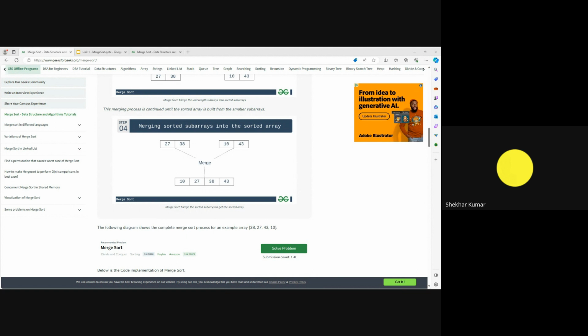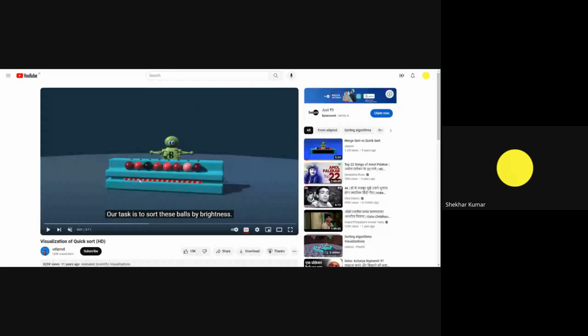I'm sharing a visualization of merge sort. Is it visible to you? No. I think now it is visible. Yes. Just go through it.